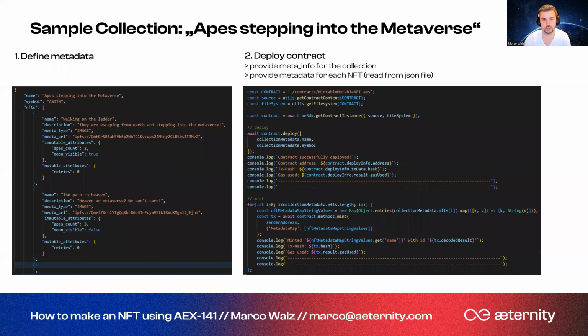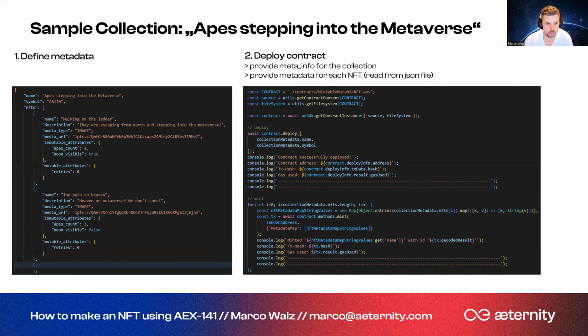And how did we create it? First of all, on the left side, it's just a JSON representation of all the metadata of the whole collection. As you can see, on the top is the name of the collection on contract level, which means we have apes stepping into the metaverse here.